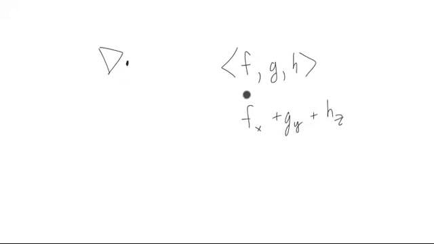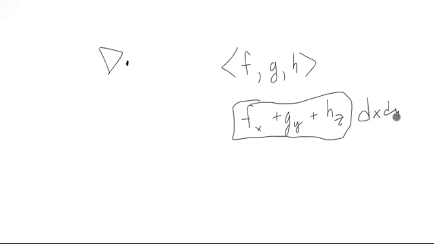So in some sense, it's like a dot product happening. In fact, you end up getting a single scalar number multiplied by dx, dy, dz. We use this symbol, which is called the divergence of a vector field.